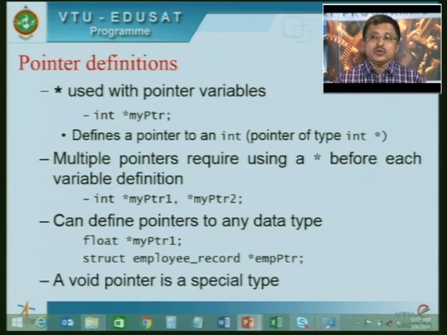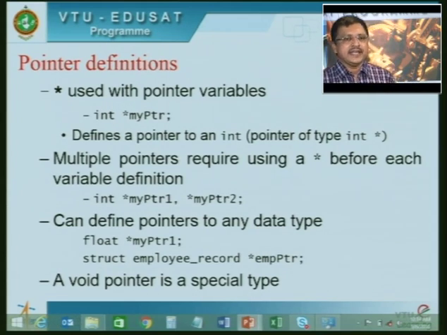You can also make a pointer variable point to a user defined type, for example structures or structs you have seen in some of the previous classes. Suppose you have defined an employee record, which is a user defined data type. You can associate a pointer to user defined records as well.